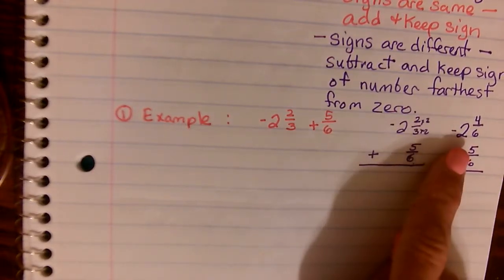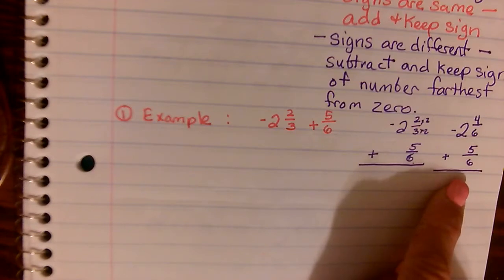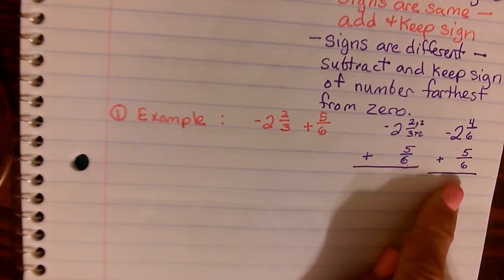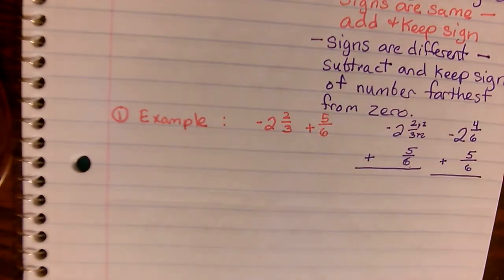Okay, now if you do it this way, we notice this is negative and this is positive. The rule is when the signs are different, we subtract. So this is actually a subtraction problem. Now I cannot do 5 from 4, so I'm going to borrow.